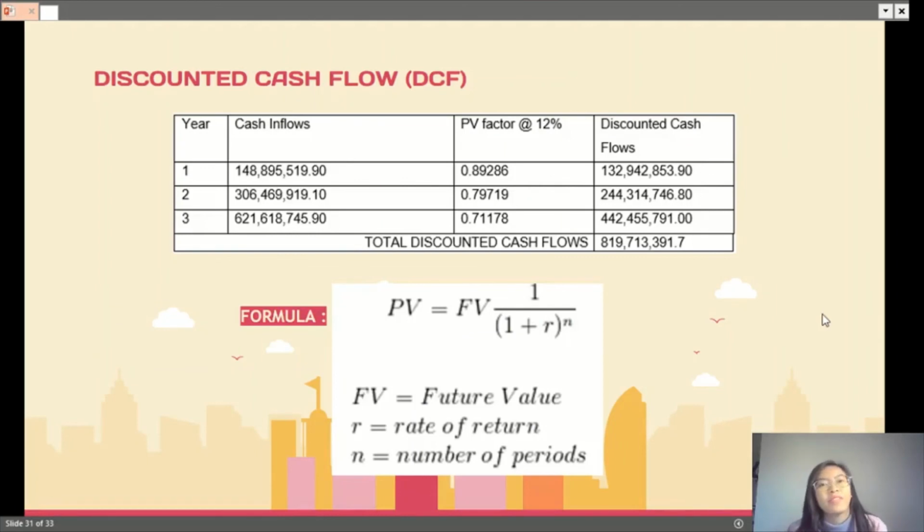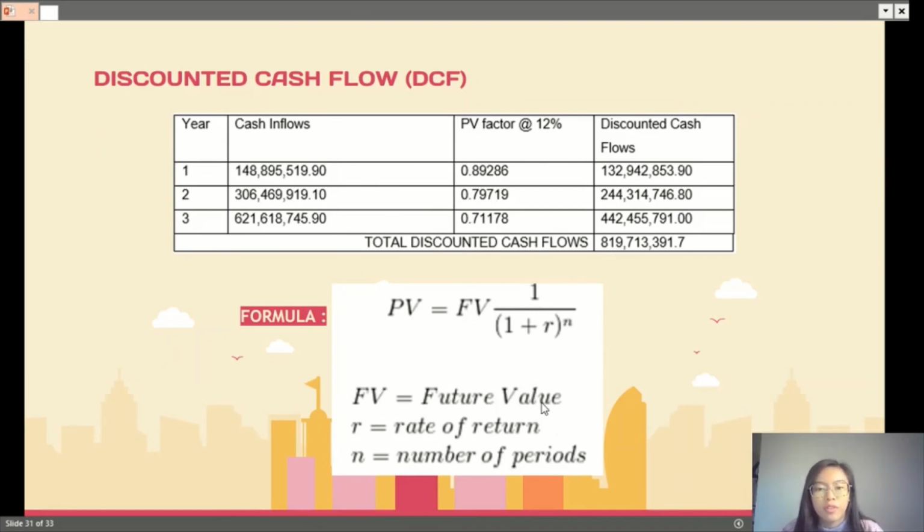Okay, and then moving to the next slide is the discounted cash flow or DCF. To determine the discounted cash flow, we need to know the cash inflow values first, which are from the previous table. And then we need to know the PV factor for 12%. In order to know the value for the PV factor, this formula is used.